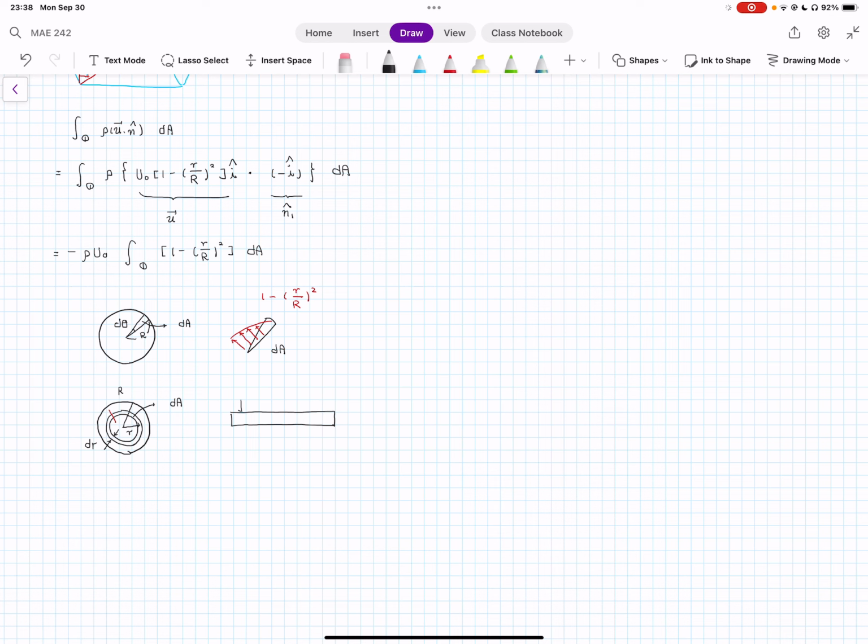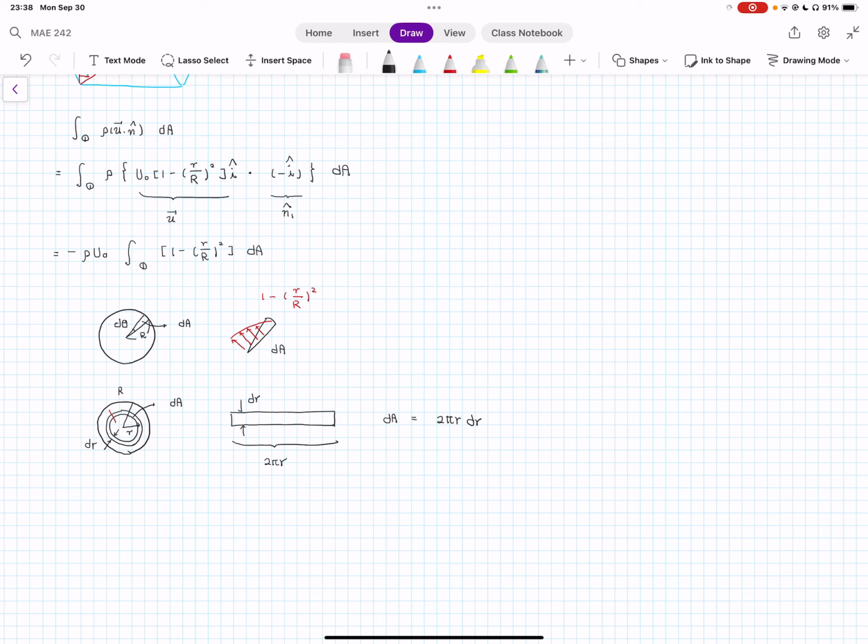Its height is dr, and its length is the circumferential length of this circle, which is simply 2 pi r. Therefore, the area of this ring geometry is 2 pi r dr.